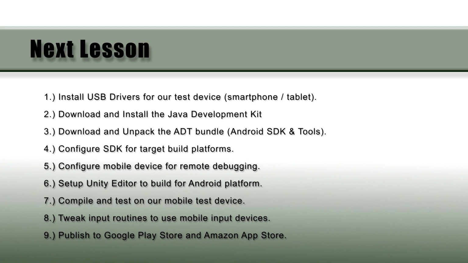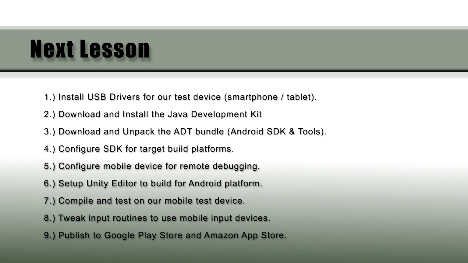Then we're going to go to developer.android.com and install their ADT bundle. Next, we're going to run the Android SDK's package manager so that we can add support for the operating system that we wish to target, which in our case is going to be the 2.x Gingerbread platform.